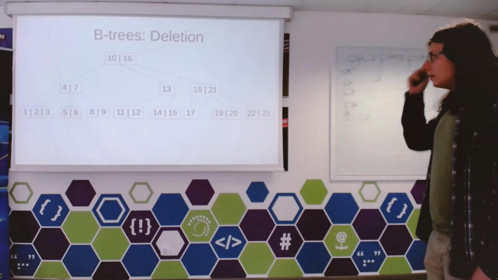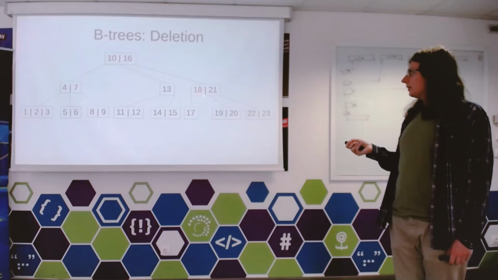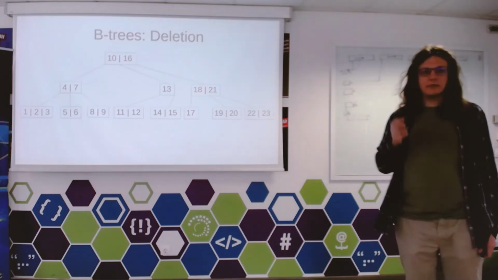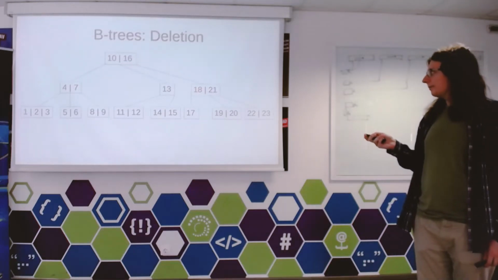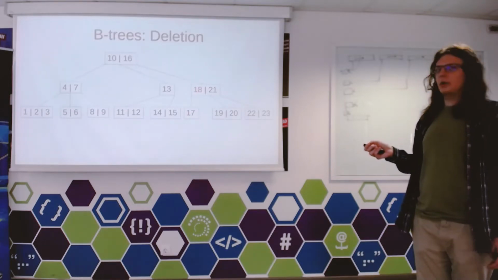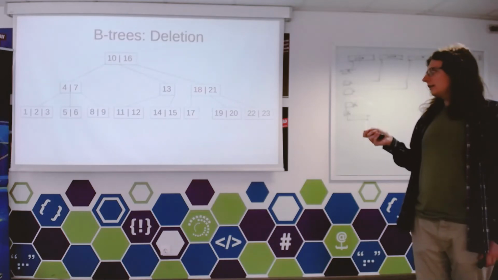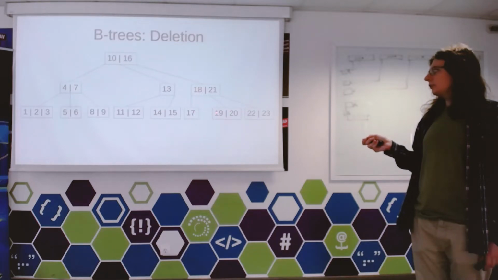Anyway, if you do want to implement deletion, let's say we're trying to delete this 18 here, we have to find a victim. So we pick this number here, we just pick the rightmost leaf key of the left subtree, or we could have picked 19, which is the leftmost element of the right subtree.